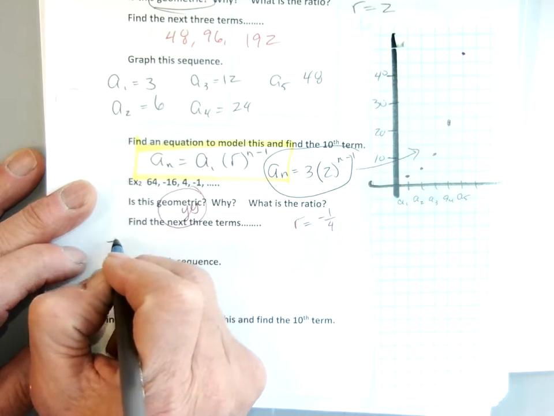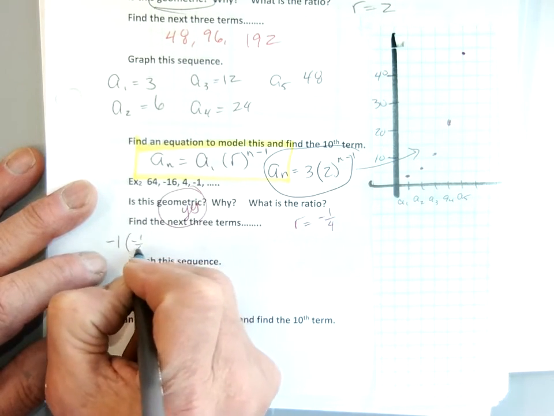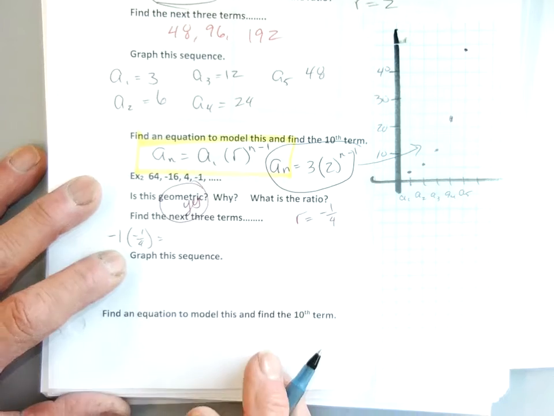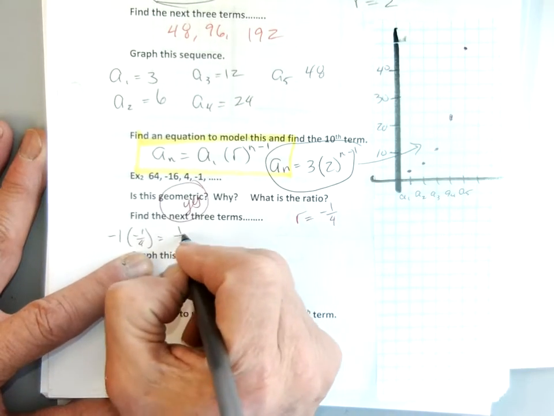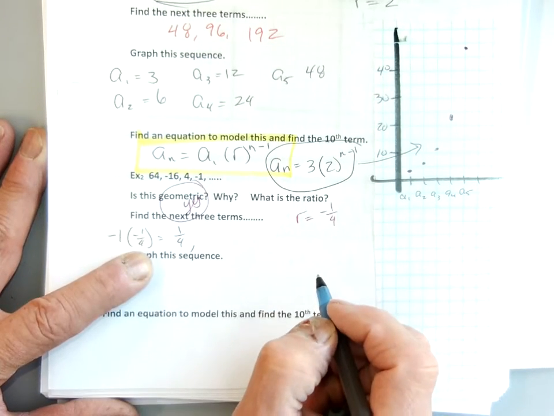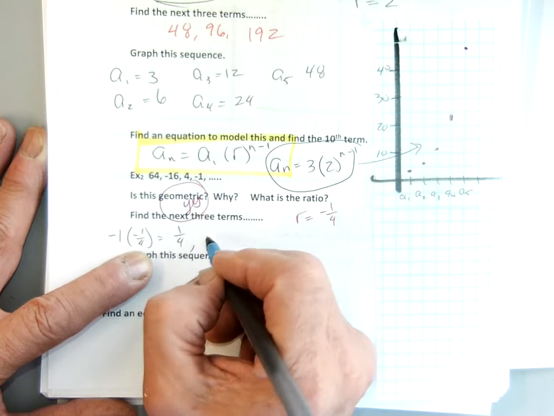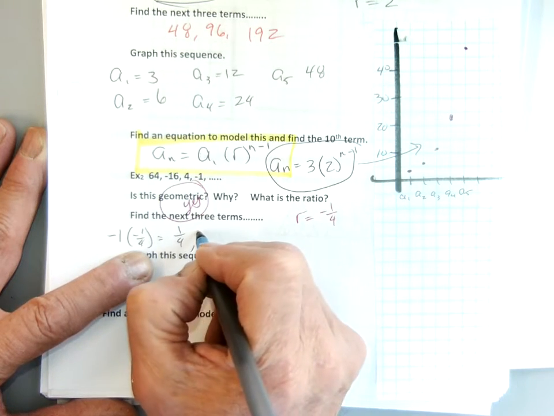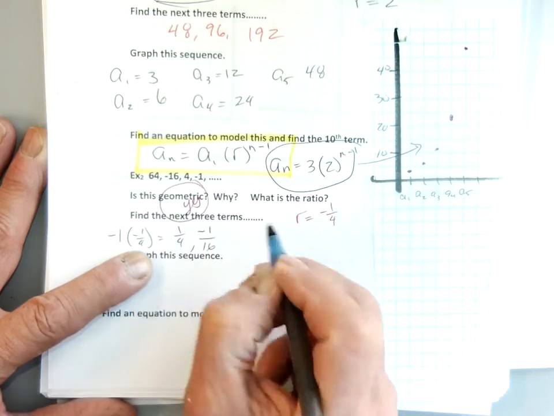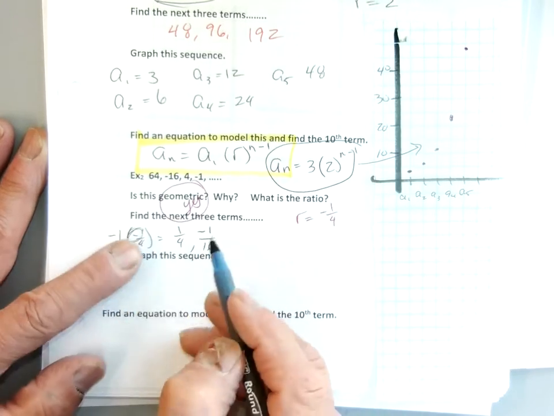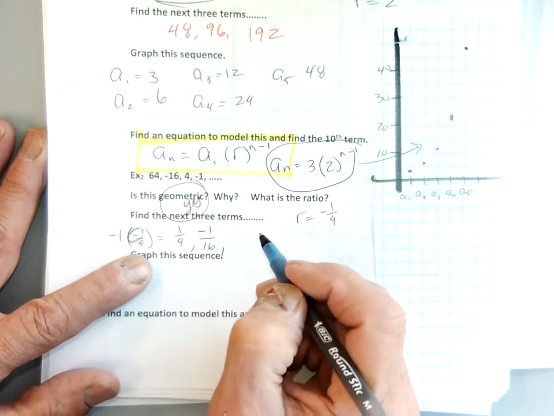So I'm going to take negative 1 times a negative 1/4. Isn't that what Grace said? What's my next term? 1/4. Good. And then? How about a negative 1/16? Where'd the negative come from? Yeah, positive times negative.